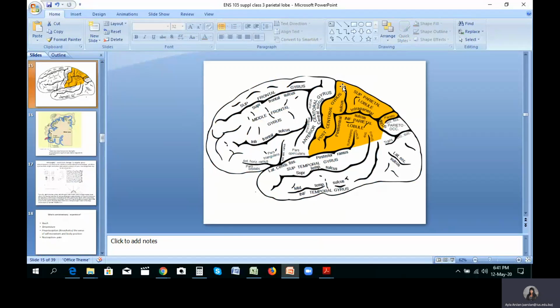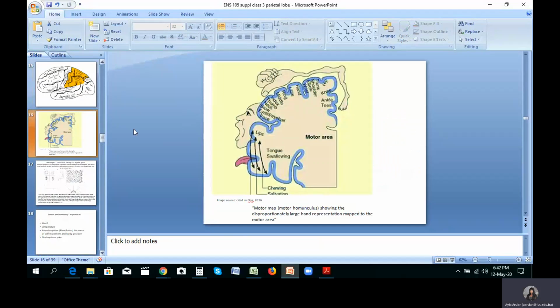One of the important features of this somatosensory postcentral gyrus is that the whole body is topologically represented in the postcentral gyrus, and that representation is defined as this one.